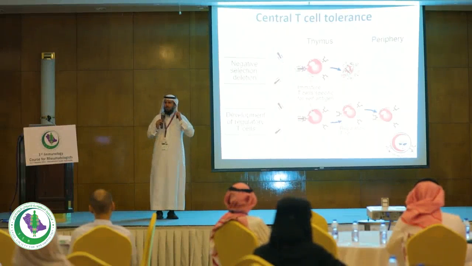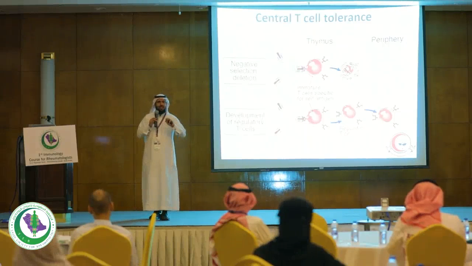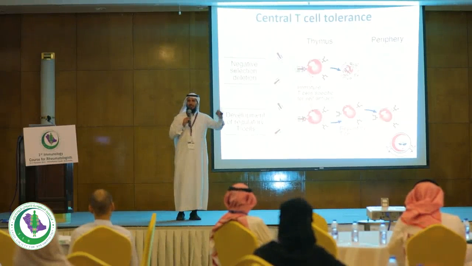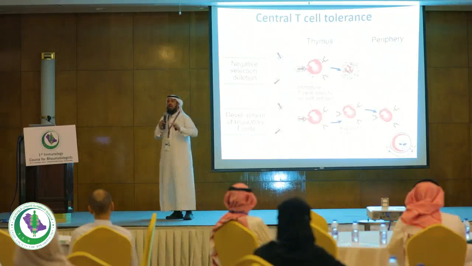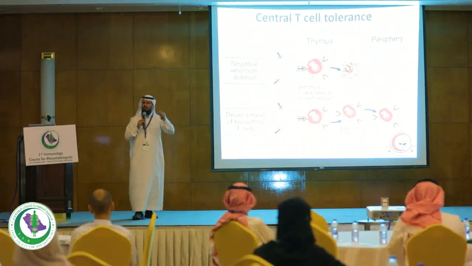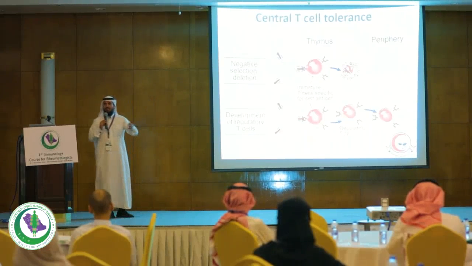But the problem, we don't understand really what the AIRE is doing. Because if we say the AIRE is taking a piece from each organ and presenting it to the T cells, let's say if I have AIRE mutation, I should have autoimmunity for all organs. True? But in AIRE mutation, we have only 3 or 4 diseases. Hypopara, Addison's, and some celiac.